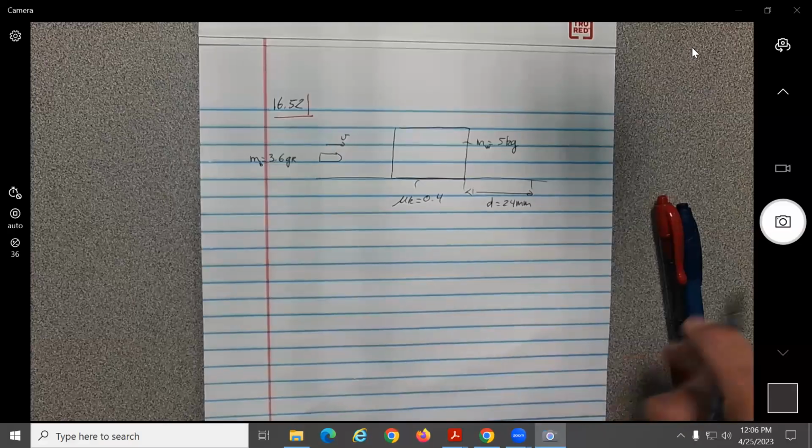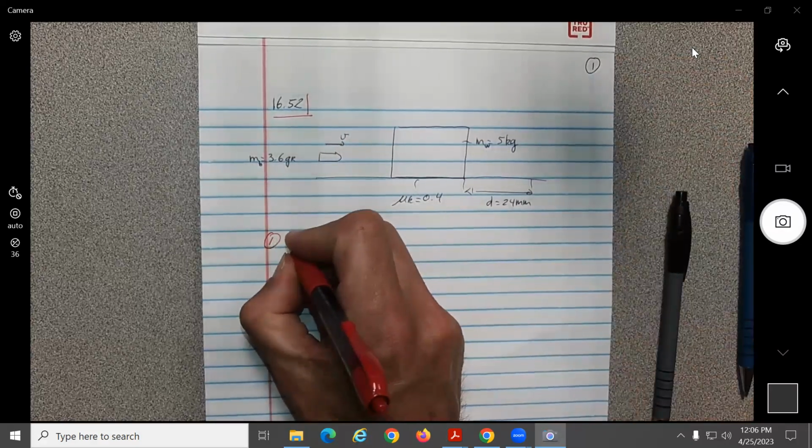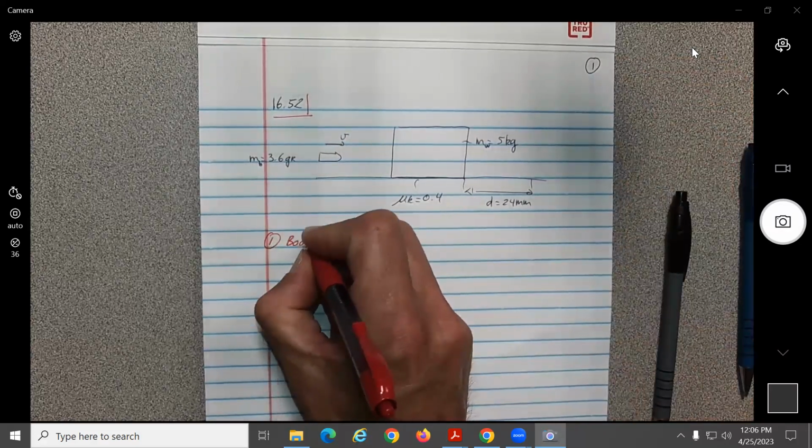Okay, so like always, what do we need to do? First step is always to do some type of free body diagram, okay?